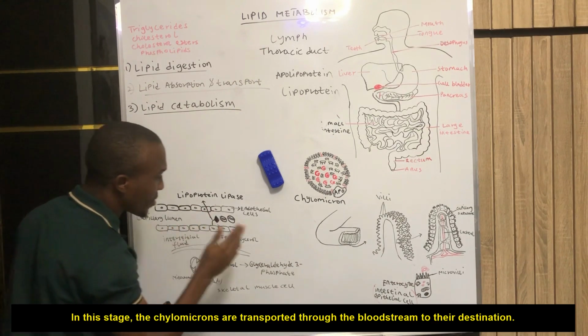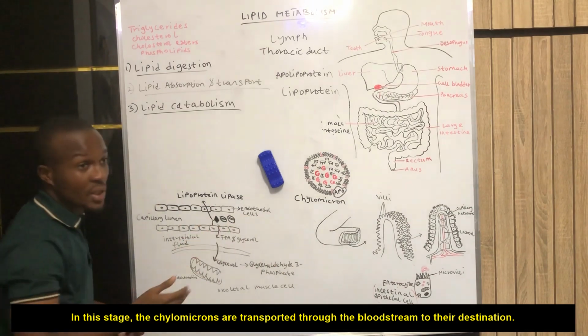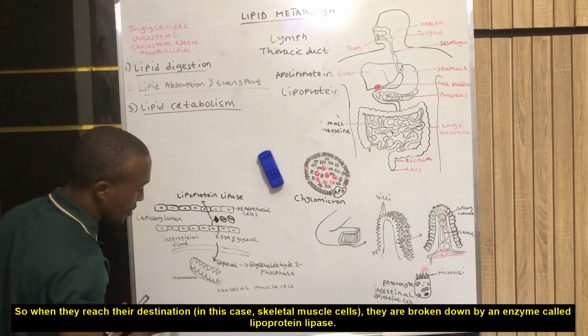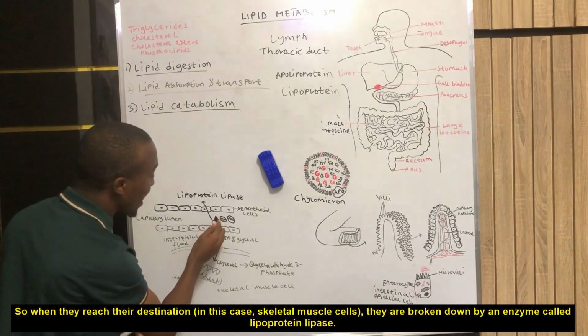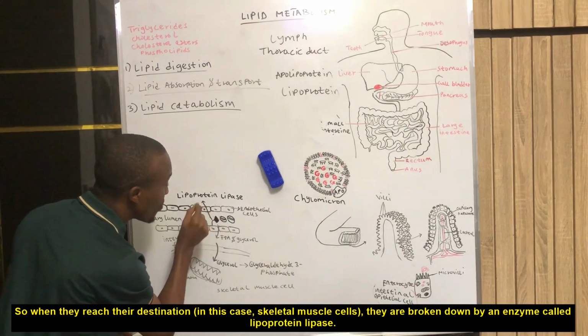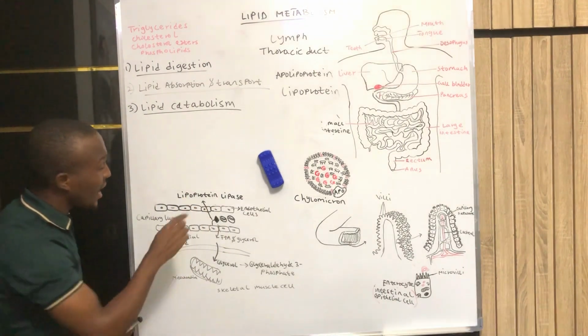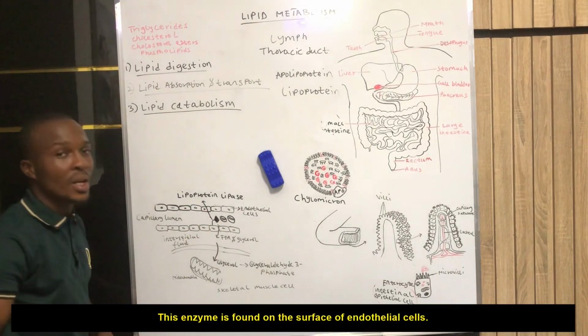The chylomicrons are transported through the bloodstream. When they reach their destination, such as the skeletal muscle cell, they are broken down by an enzyme called lipoprotein lipase, and this enzyme is present on the surface of endothelial cells.